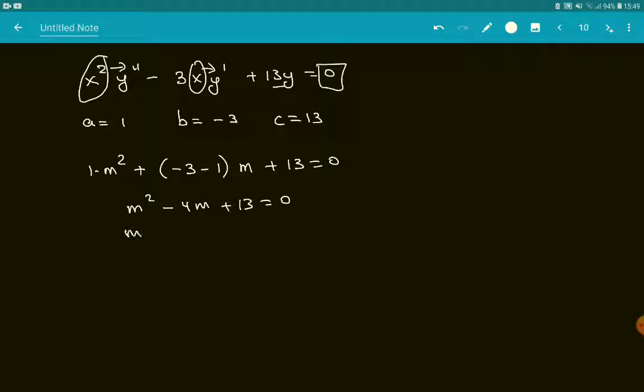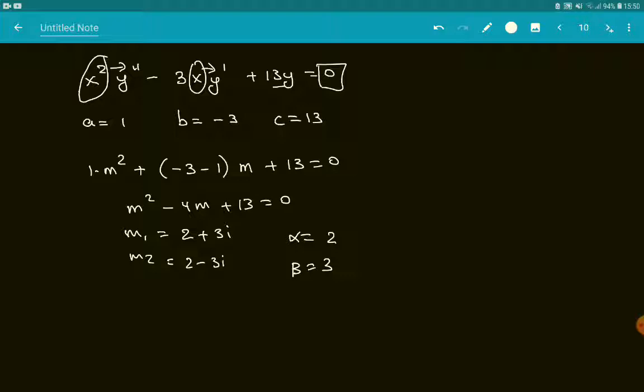So let me do the calculation first. I'll come back. Okay, so the answer for m1 is 2 plus 3i, and for m2, 2 minus 3i. So by looking at here, we can say alpha is 2 and beta is 3.